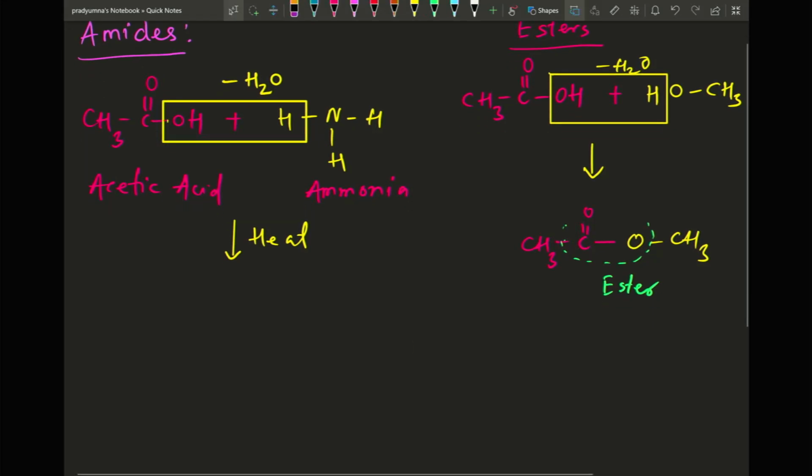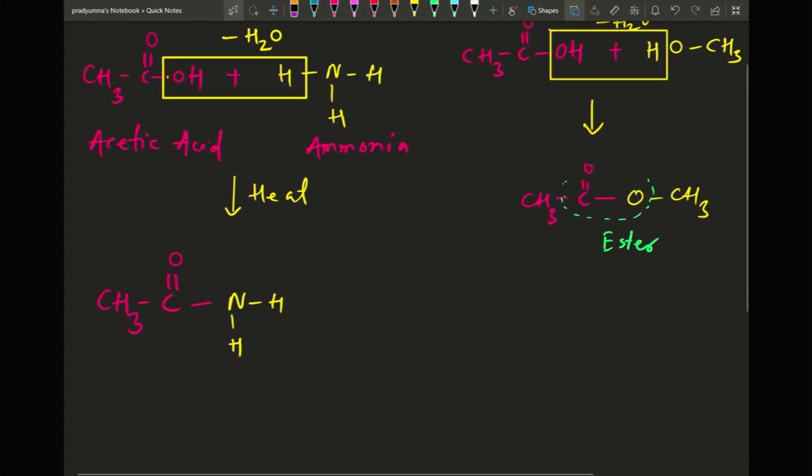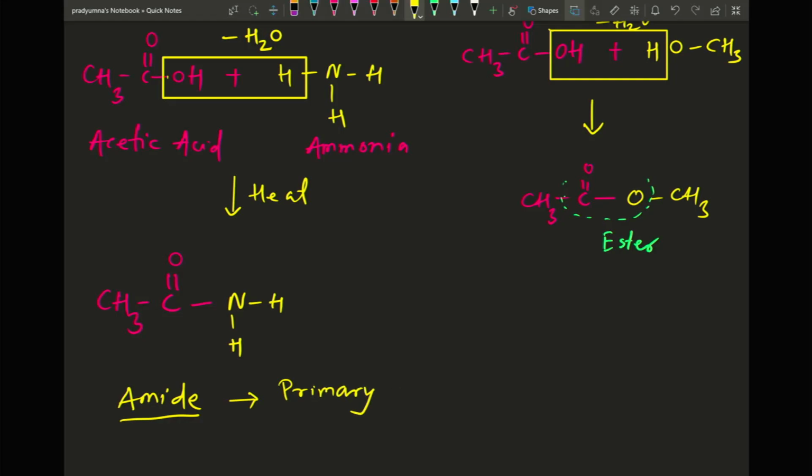When we do that, we can snap them back in. CH3, CO, then the yellow portions, which are going to come from this. Okay, so this is our amide, right? This one is called a primary amide. This one is an example of a primary amide.